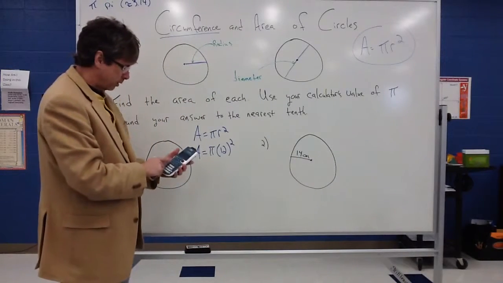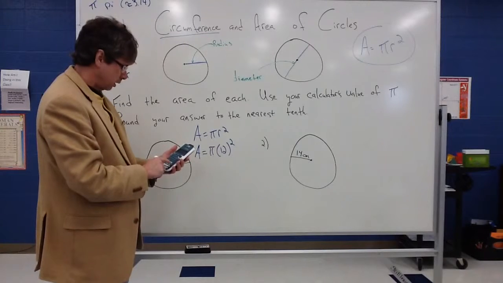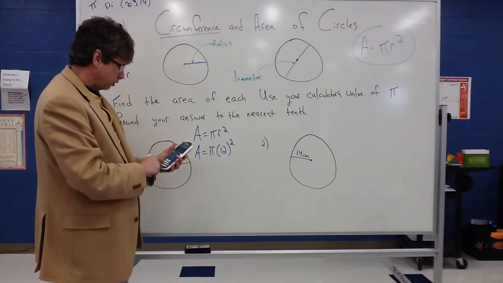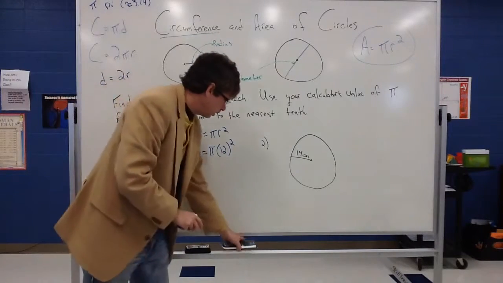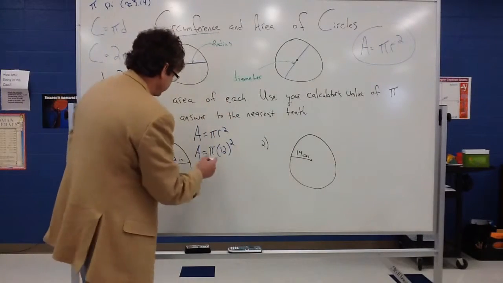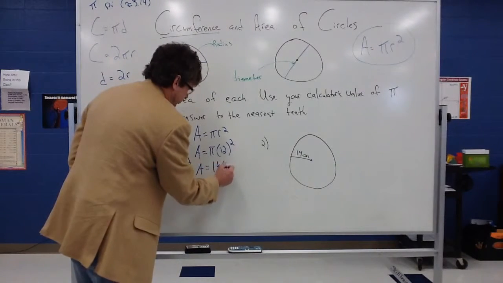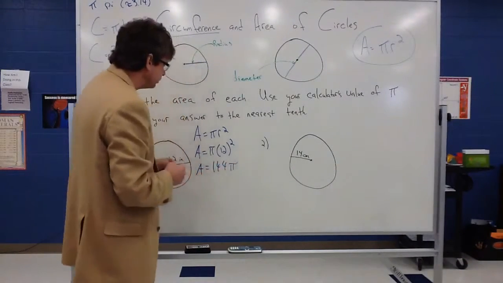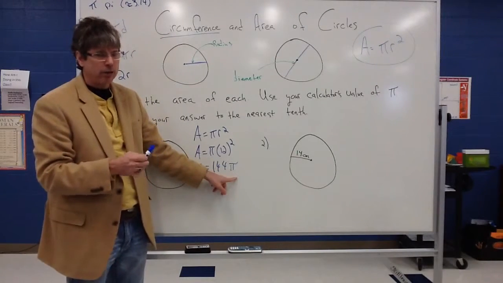I can type the pi in there, and I can multiply by 12 squared. And the calculator gives me 144 pi. So it leaves the answer in terms of pi.